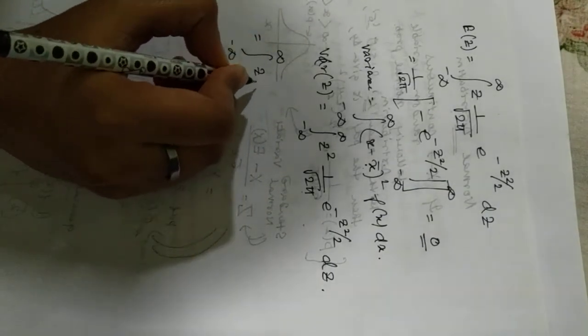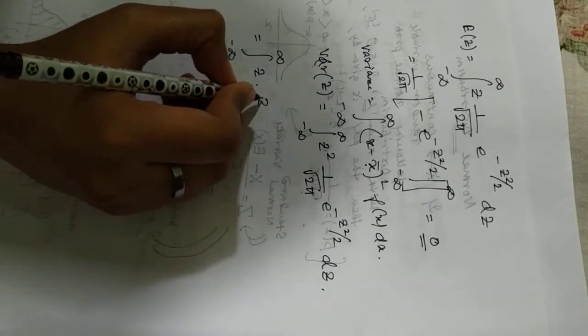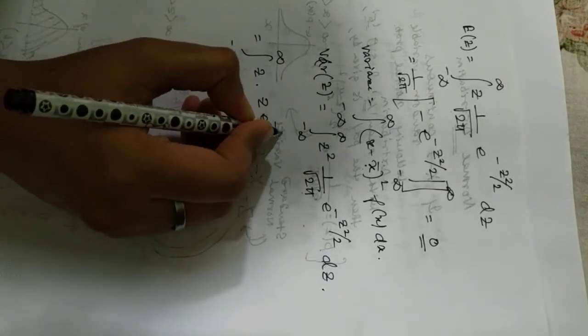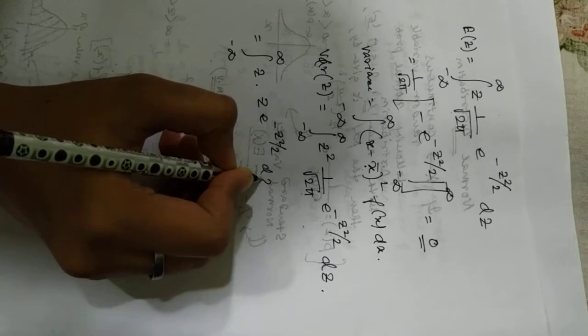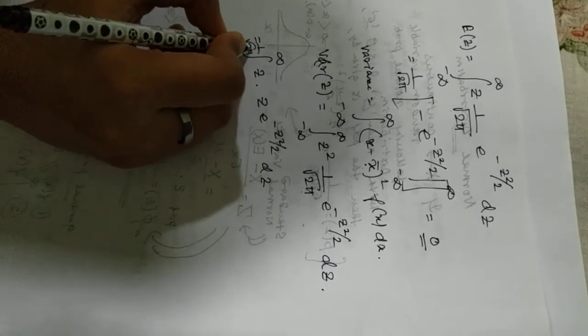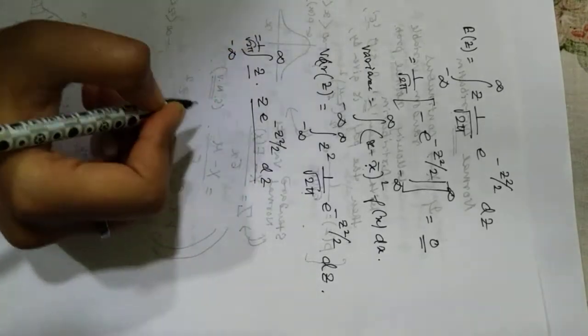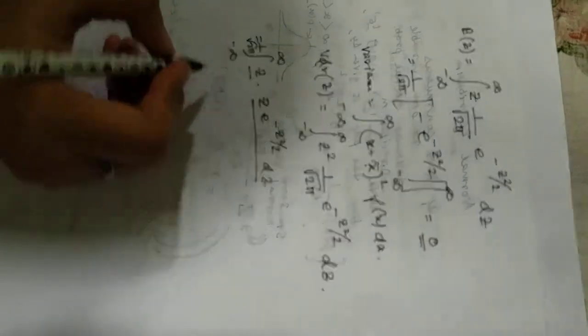We are dividing into two functions. One is z and the other is z e to the power minus z square by 2 dz, right? These are the two functions I have divided it into.